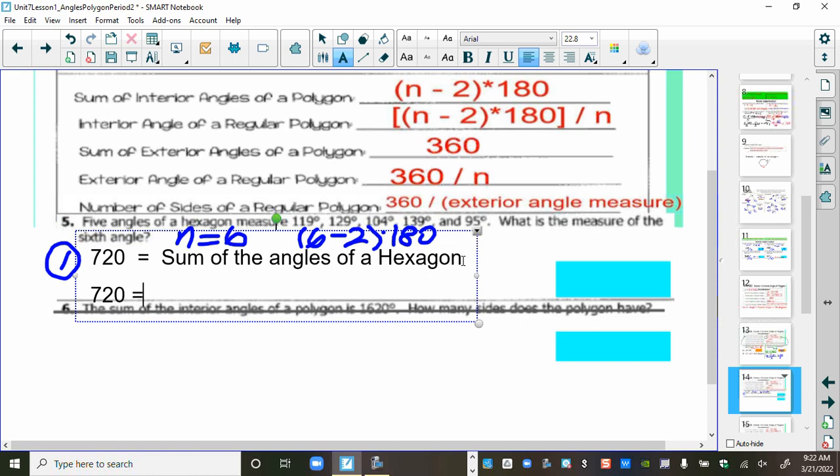So 720 equals, well, what are the first 5 numbers they gave us? Who can read us the first 5 numbers they gave us? Well, what? It's right in the problem. What 5 numbers were given to us?